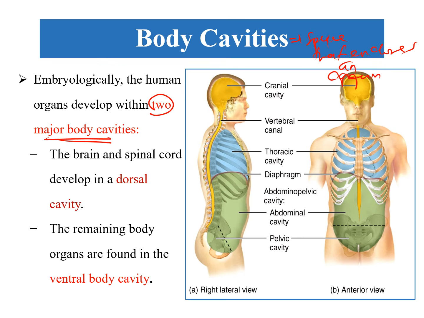There are two major body cavities: the one that is at the back, the dorsal cavity, and the one that is in front, the ventral body cavity. These can further be divided into other cavities, as we're going to see in the next slide.